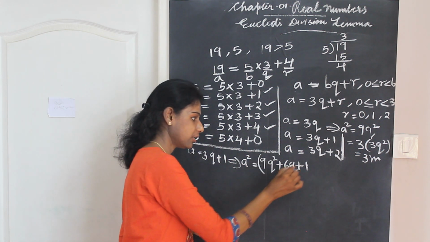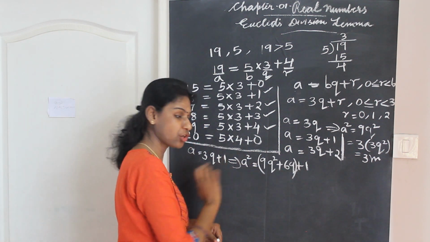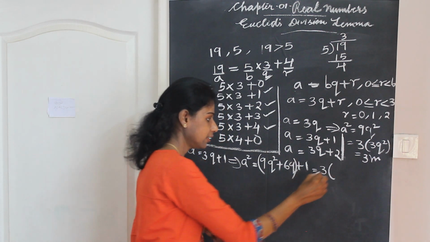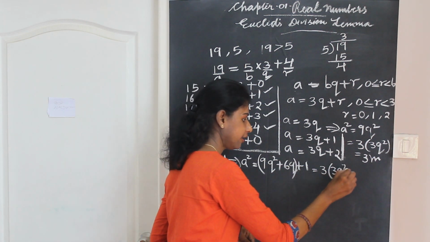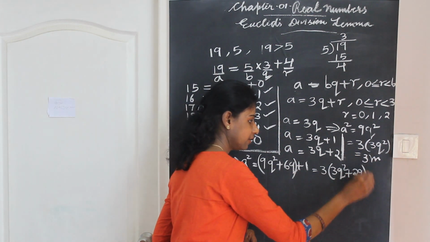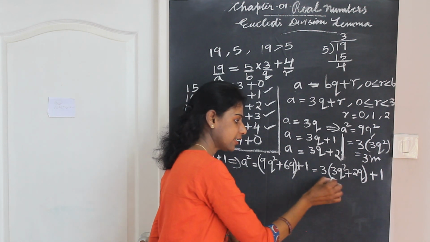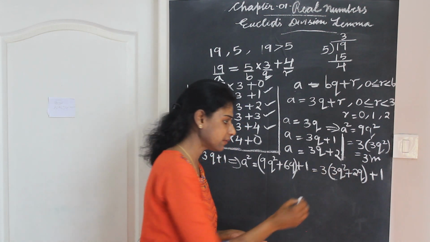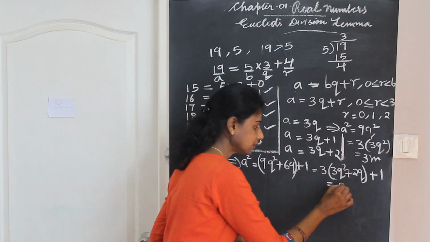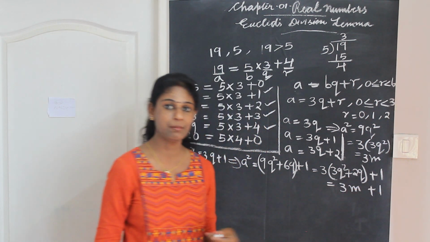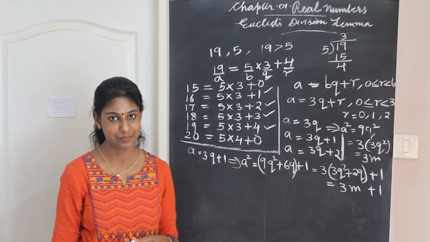Now put this in a bracket, 3 is common. So we can take it as 3 times 3q square plus 2q, close the bracket, plus 1. Now you take this as any m or n, whatever you want. So this is of the form 3m plus 1, that is a multiple of 3 plus 1.